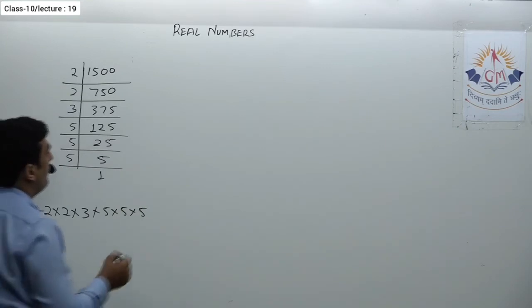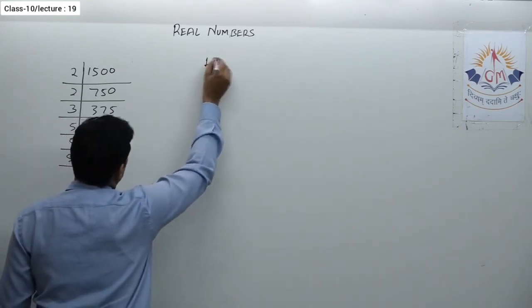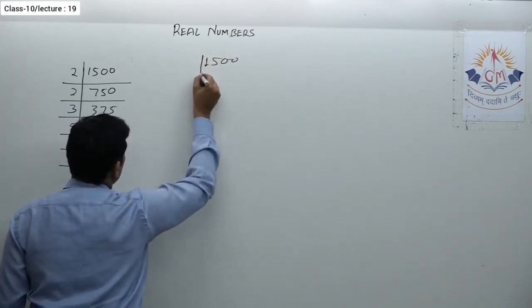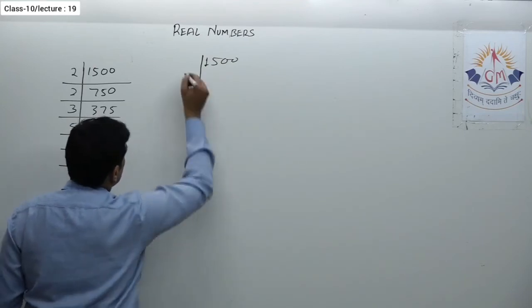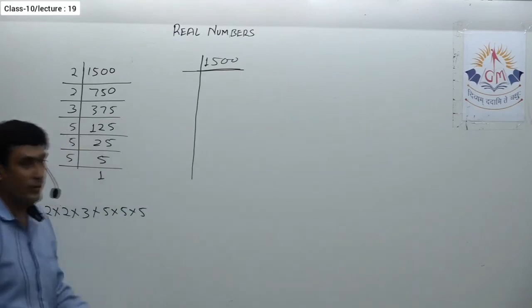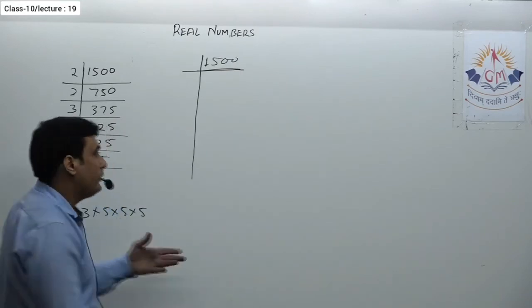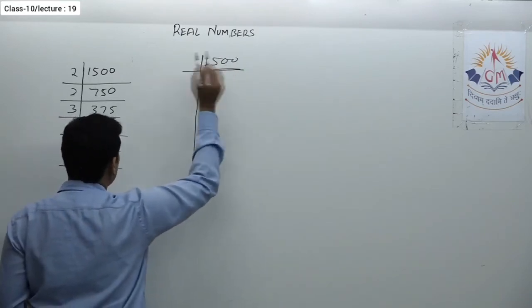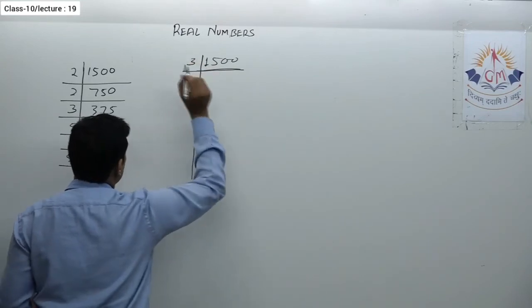Now suppose another student finds the prime factors by a different route. Instead of starting with 2, suppose he started with 3.